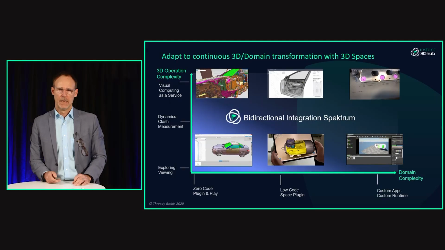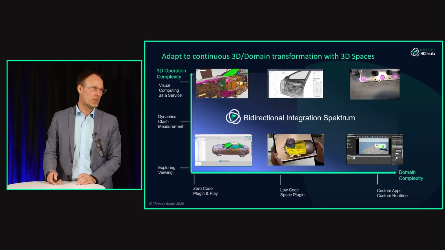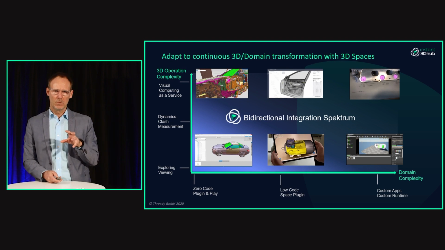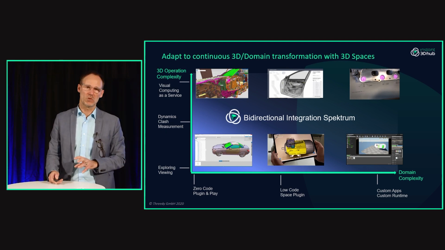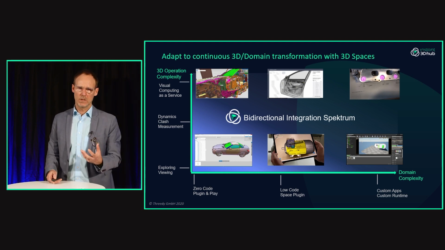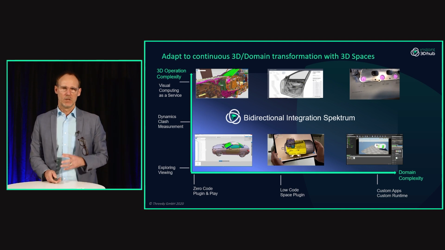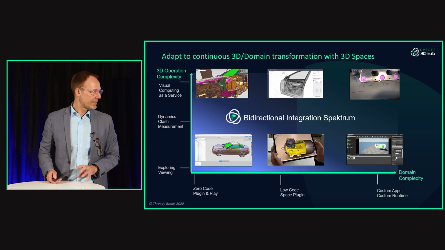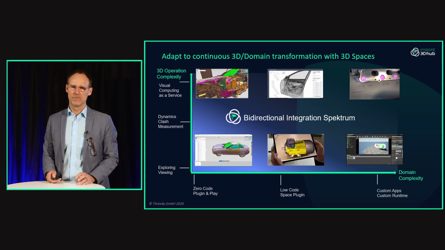And the interesting part is that with this platform, people like Daimler don't just have a single application that they move through their infrastructure, but multiple applications where they combine different aspects. They usually start with just viewing, a zero-code, plug-and-play solution where they use the applications that we provide with the system to connect their data backend and then have instant viewing of the data.